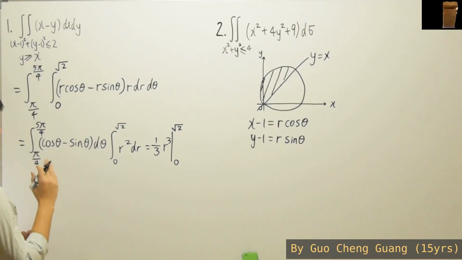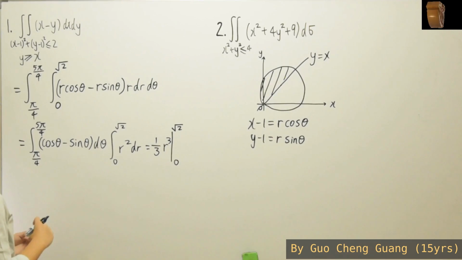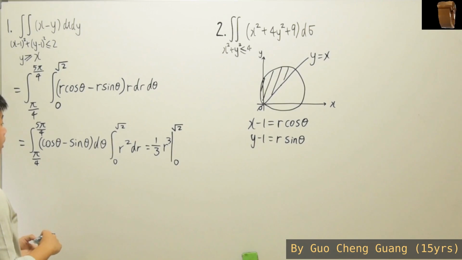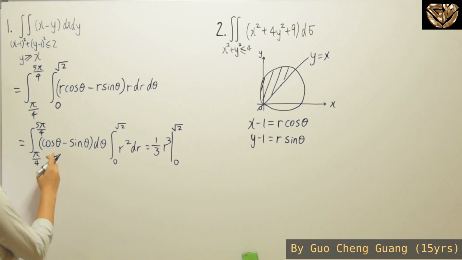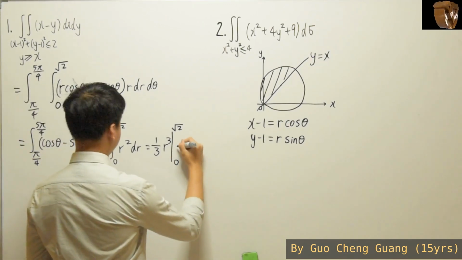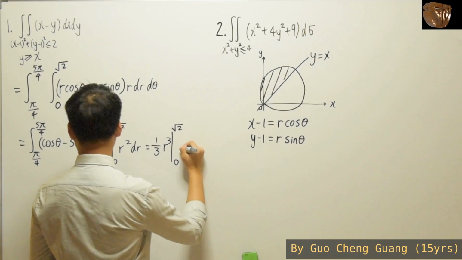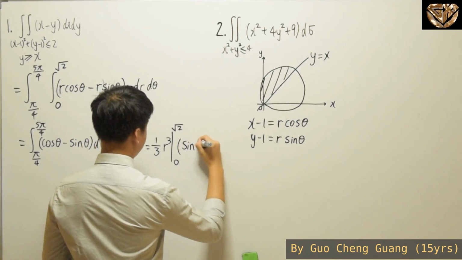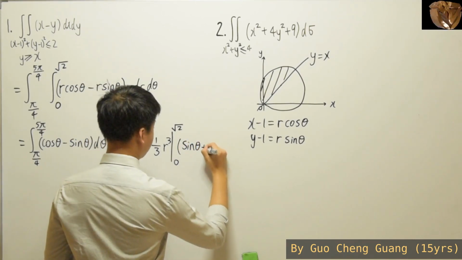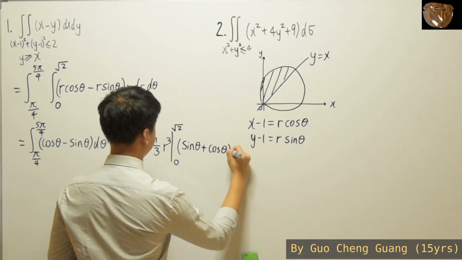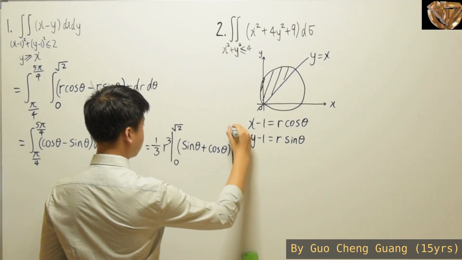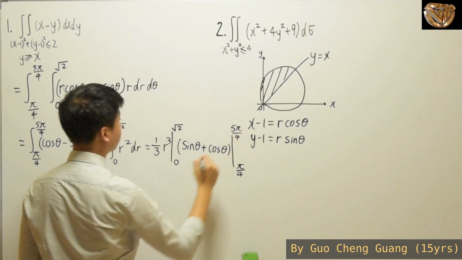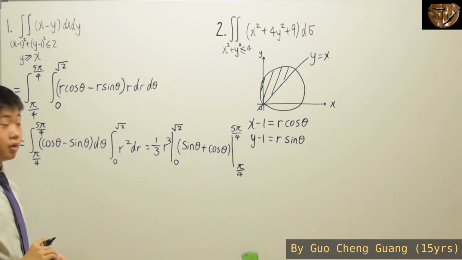For your first part, cosine and sine, you can directly integrate them: cosine gives sine, and beware, the sine is multiplied on, so you get sine theta plus cosine theta. Then substitute in the values of pi over 4 and 5 pi over 4. So this is what we will be seeing.